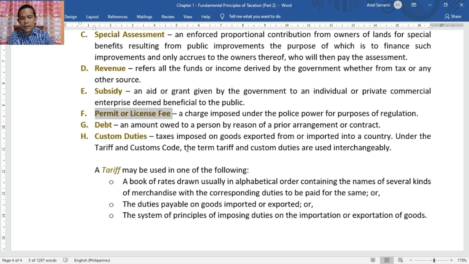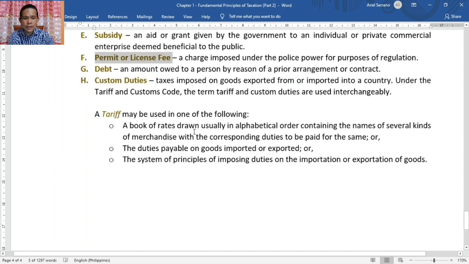Okay? Pag tariff, it may be used in one of the following. It's either a book of rates drawn usually in alphabetical order containing the names of several kinds of merchandise with the corresponding duties to be paid for the same. So ito ay isang listahan ng mga merchandise, alphabetical order, at nakalagay doon kung ito yung mga merchandise na ito, magkano yung applicable na tariff dyan.